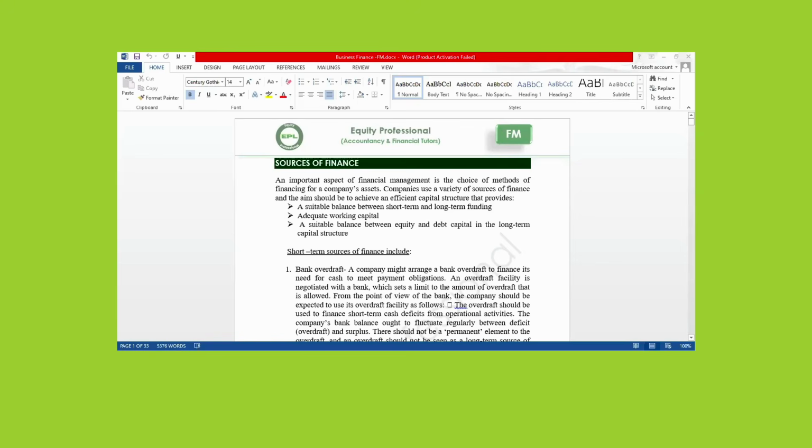The aim is to achieve an efficient capital structure. This topic is also related to capital structure and to cost of capital calculation.